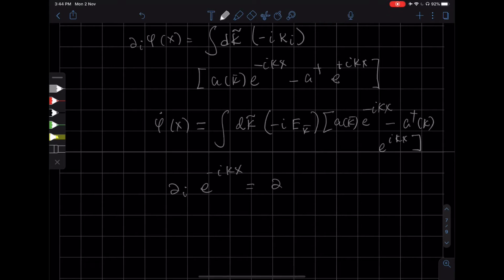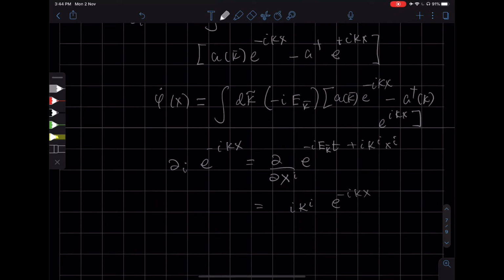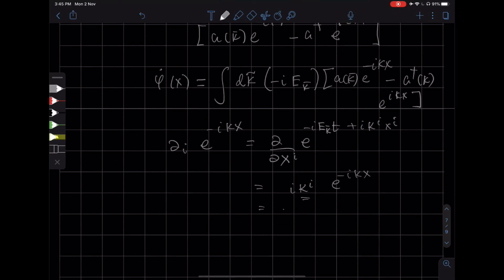The derivative is just this thing, and then we have e to the power minus I E_k t plus I k^i x^i, and therefore we get I k^i times e to the power minus I kx, but this is nothing but minus I k_i e to the power minus I kx.